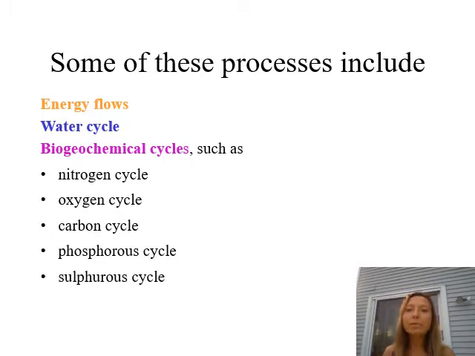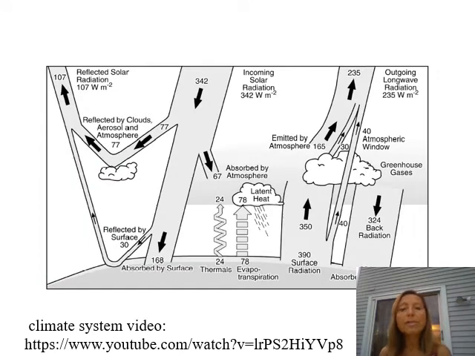Some of these processes include energy flows that connect different spheres, the water cycle, and the biogeochemical cycles. In this class, we would need to pay attention to the nitrogen cycle, oxygen cycle, carbon cycle, phosphorus cycle, and the cycle of sulfur. This diagram illustrates the interconnectedness of the system through the energy transfer.